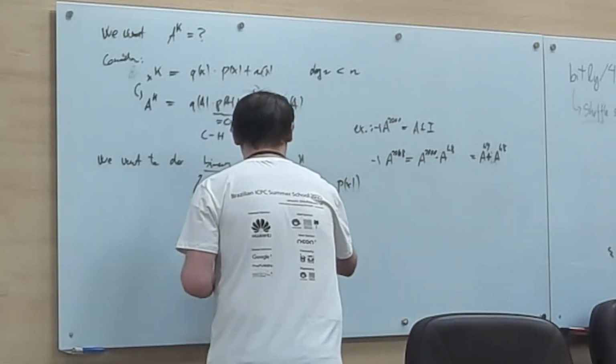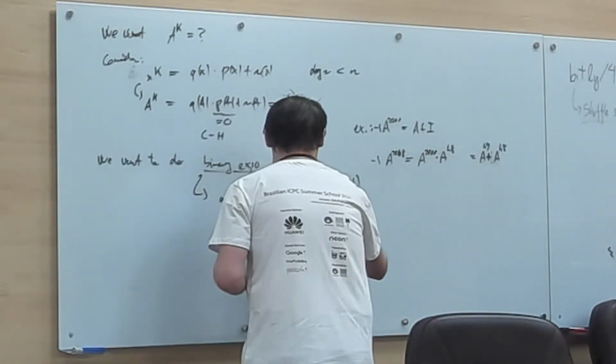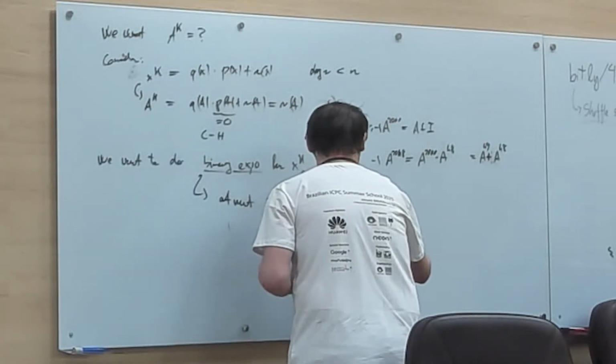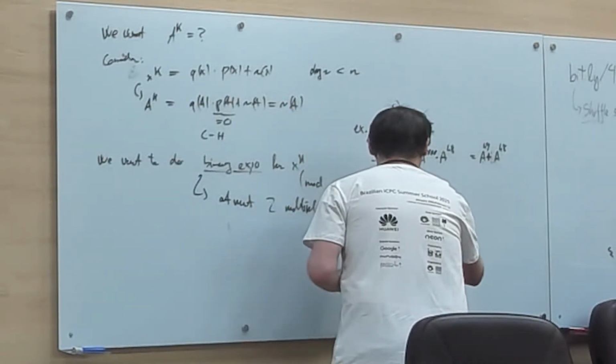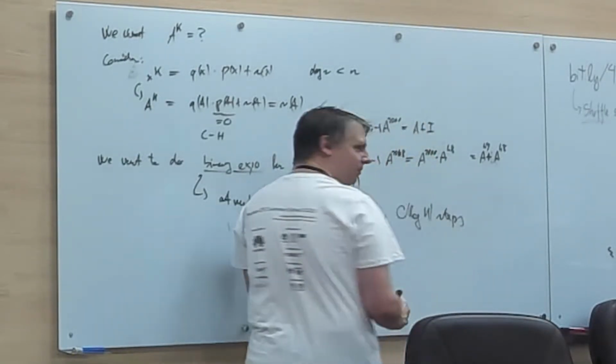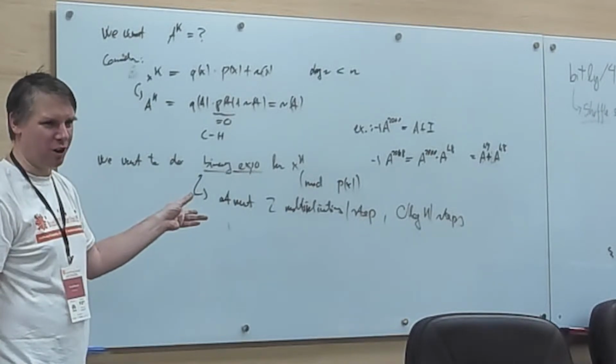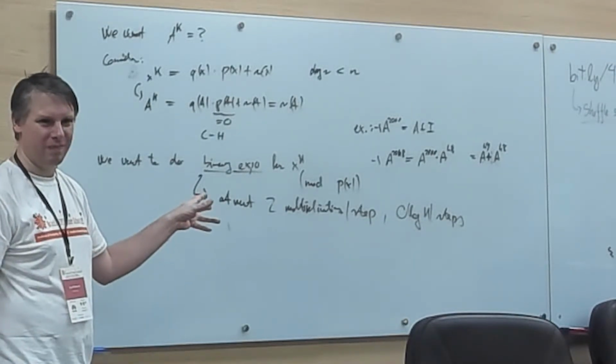So at most 2 multiplications per step, and we have O(log k) steps. So we should only care about performing 1 particular step.